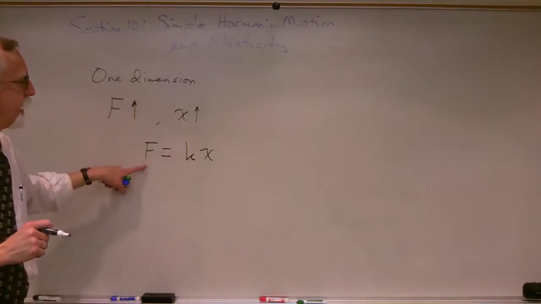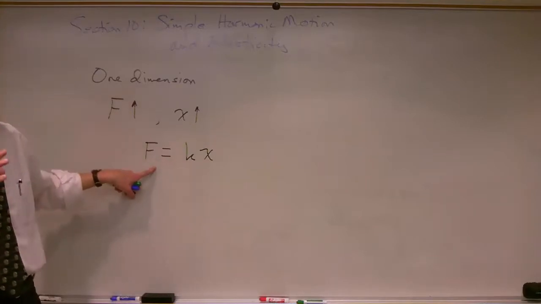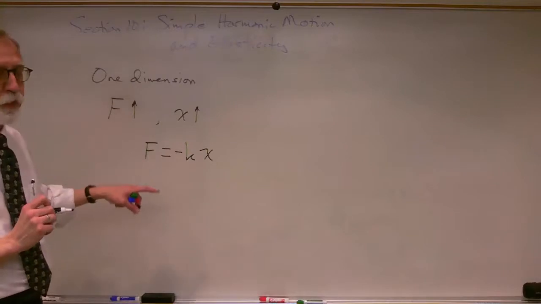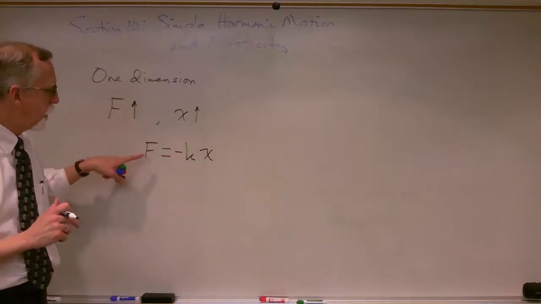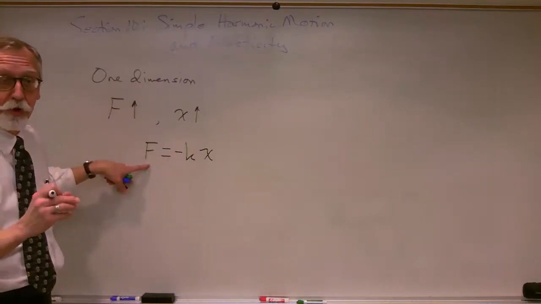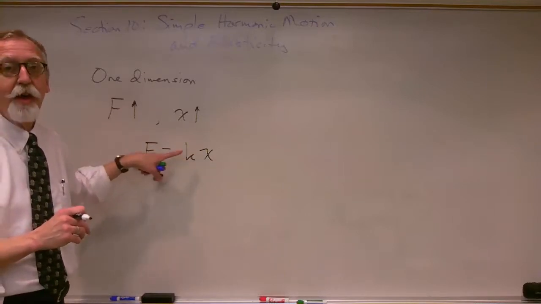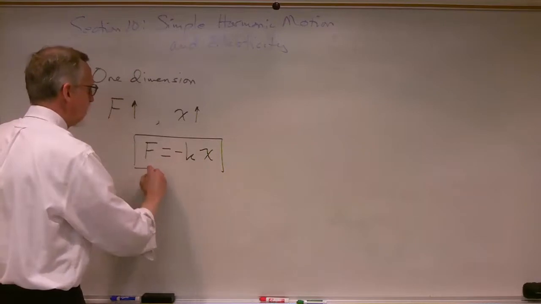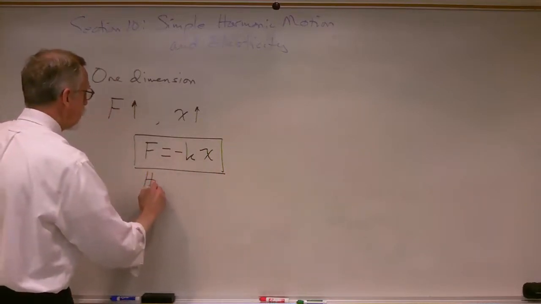And then to emphasize that the force is always in the opposite direction to the displacement, we'll put in a minus sign. So we've got the relationship between the force being applied by the spring and the displacement, F equals minus kx. Now this is a very, very important result. This is called Hooke's law.